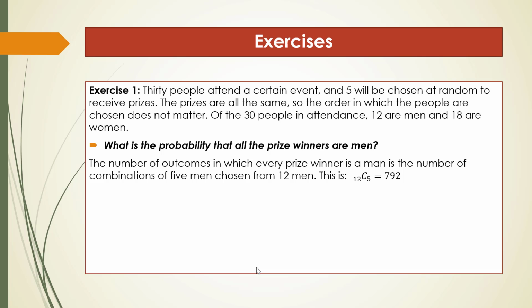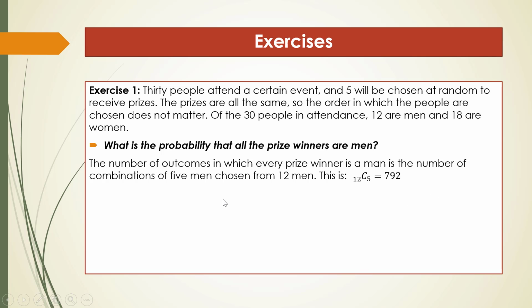So the number of outcomes of the event is the number of combinations of 5 men chosen from 12 men, which is 12 choose 5, and that is 792. So this is the number of outcomes of the event.